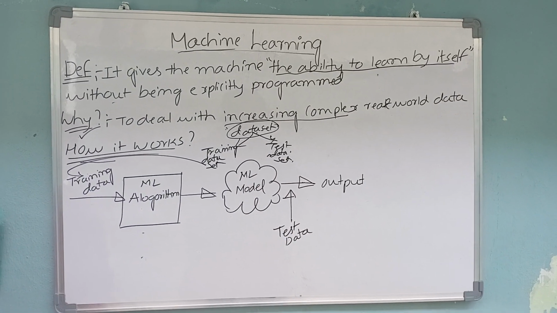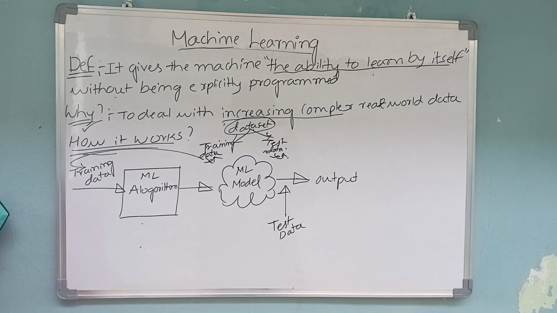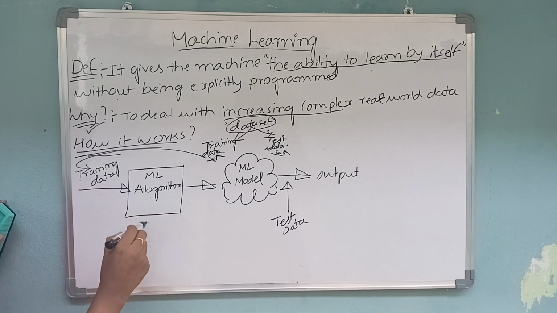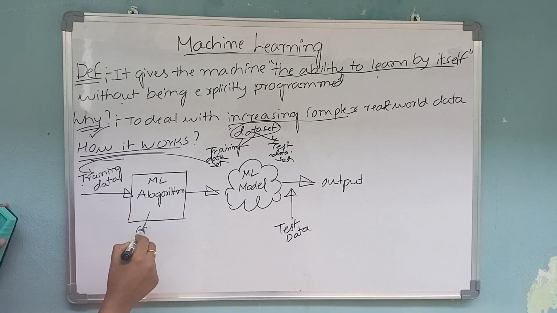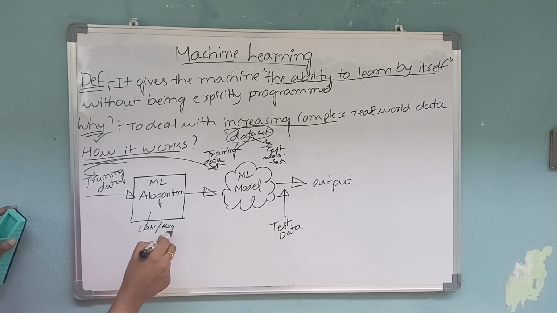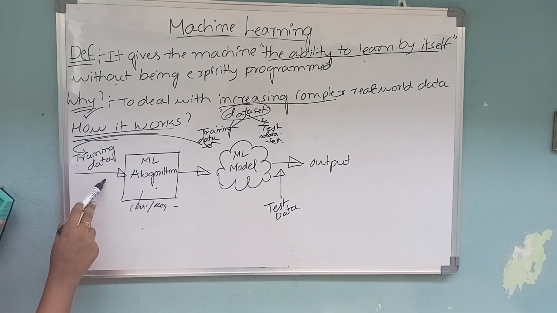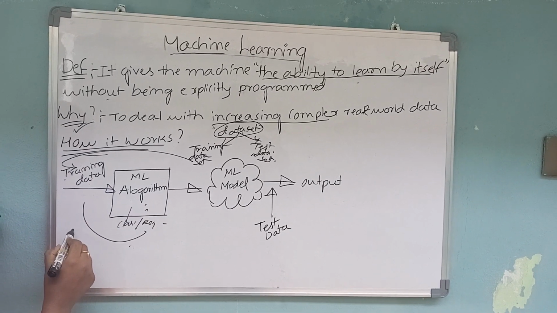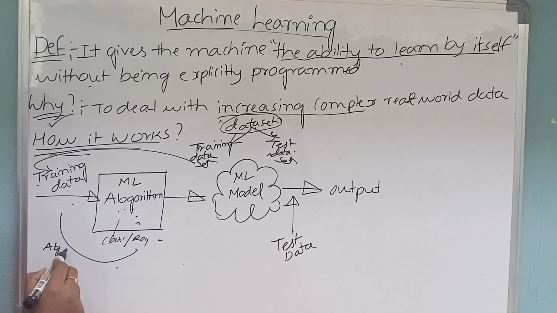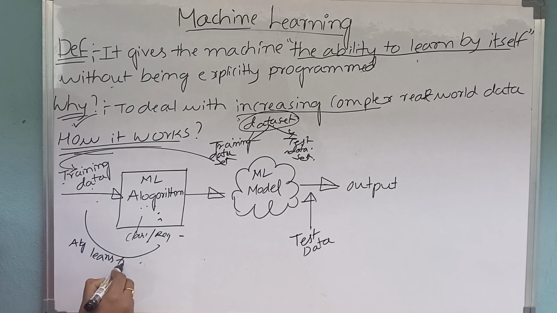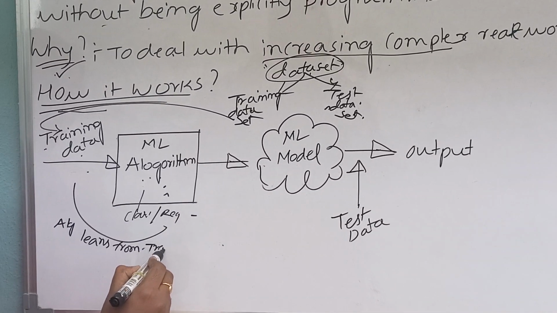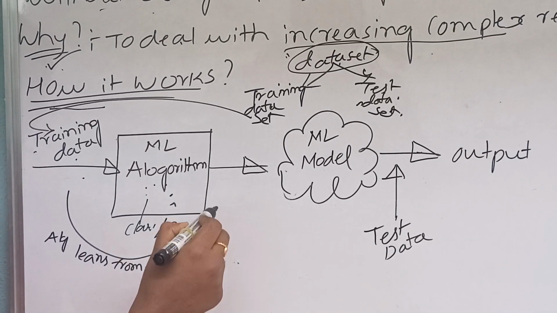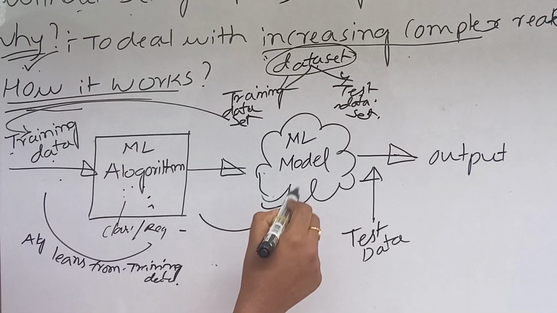So now we will see the working of machine learning. We feed the training data to the machine learning algorithm. This can be a classification algorithm or a regression algorithm, any kind of algorithm. By this data, the machine learning algorithm learns from the training data, and it produces a model.